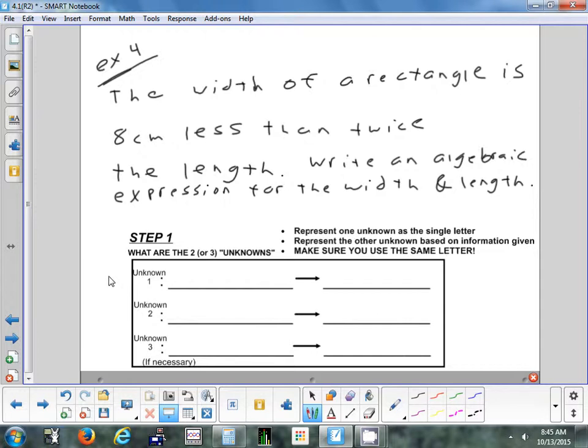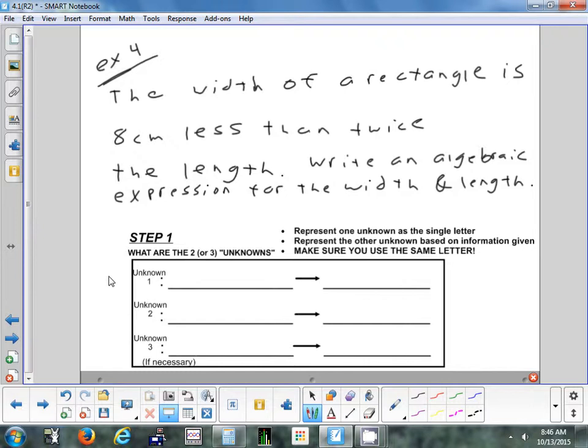All right. Gabe, can you tell me what you put for unknown 1? The length. All right. What did you have for your 2 unknowns? Length and width. All right. The only thing I'm going to do, you're not wrong, but when we get into representing what those things mean, it's easier if you write them in the order that they're given in the problem.